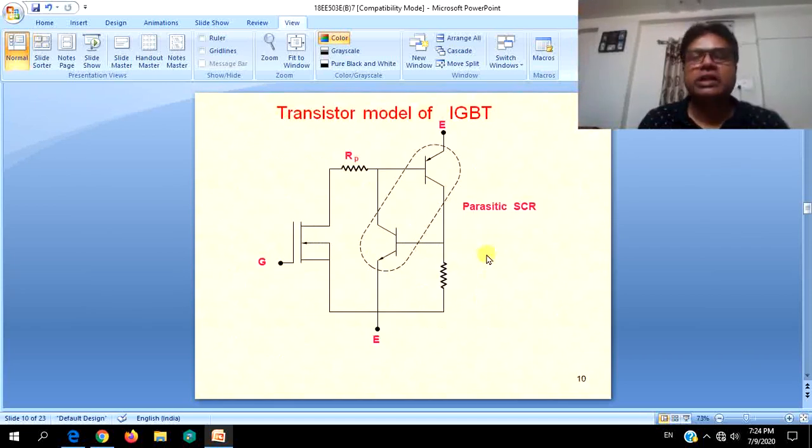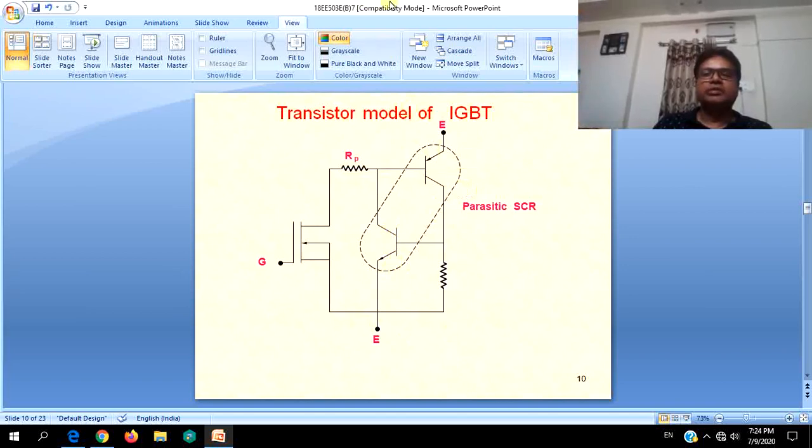This is an equivalent transistor model of IGBT, where we can realize the total action of the IGBT as if the MOSFET is connected to a pair of transistors connected back to back. This is nothing but what we have studied in the previous sessions, that is equivalent to PNP, NPN transistors connected back to back, resulting in a thyristor or SCR conduction, or parasitic SCR.